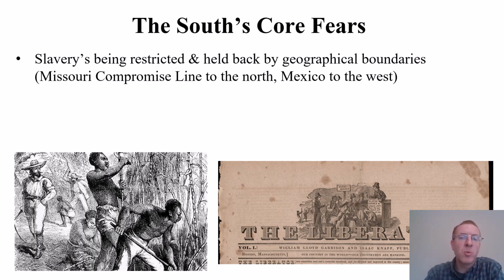Okay, that's 1820. By 1830, the South is getting increasingly concerned that what American territory is below the Missouri Compromise line is almost negligible compared to the amount of land that is United States territory north of the Missouri Compromise line.